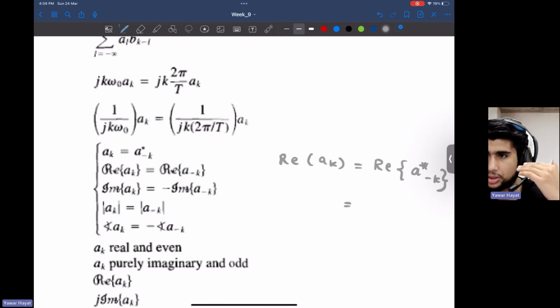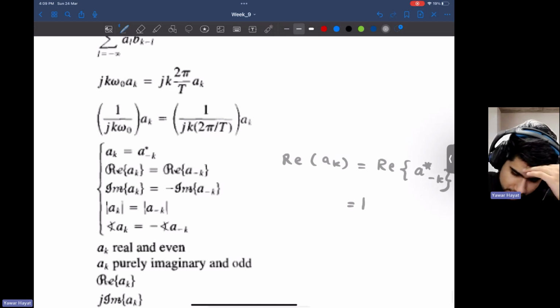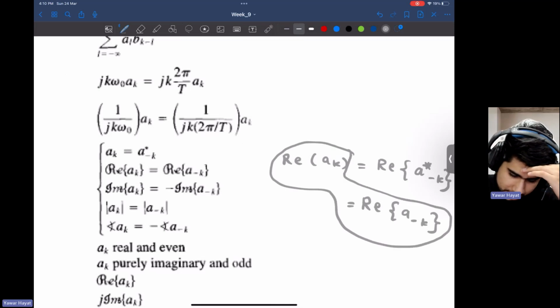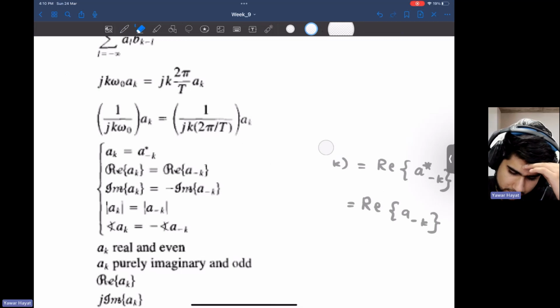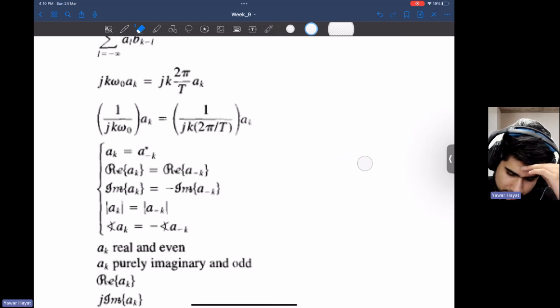And the real part of a complex conjugated signal is the real part of the signal that is not conjugated. Simple. So what do we conclude? That the real part of a_k is equal to the real part of a_{-k}. Right, I'll remove annotations.